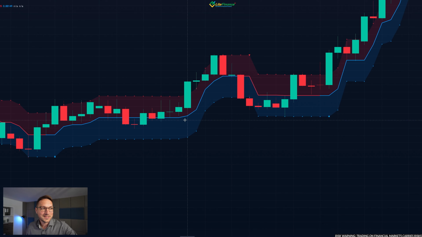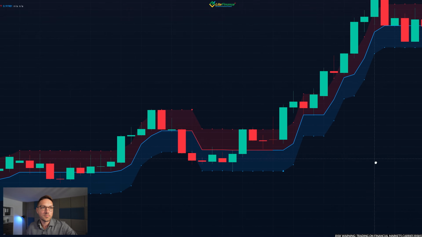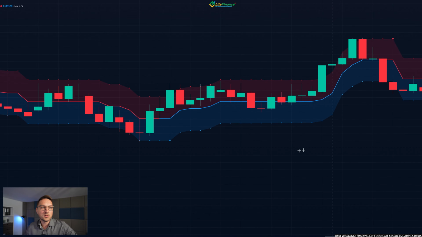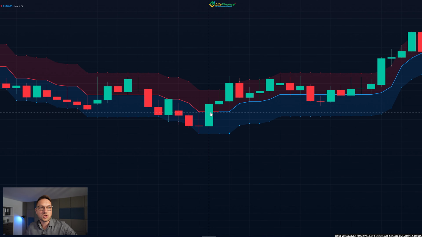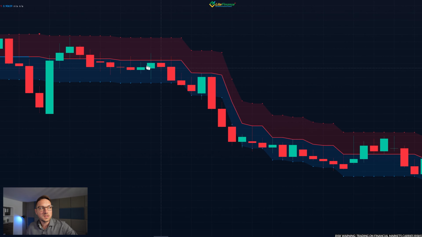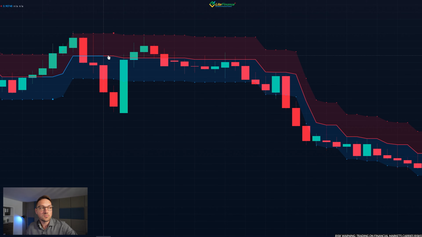So basically what we have here is this kind of moving average and some kind of band. For this strategy we'll be just using the middle one, the moving average, but we will delete these boundary lines. As you can see, it doesn't have clear rules for when the line changes from the red color to the blue one, but it clearly indicates the change in the direction of the trend.